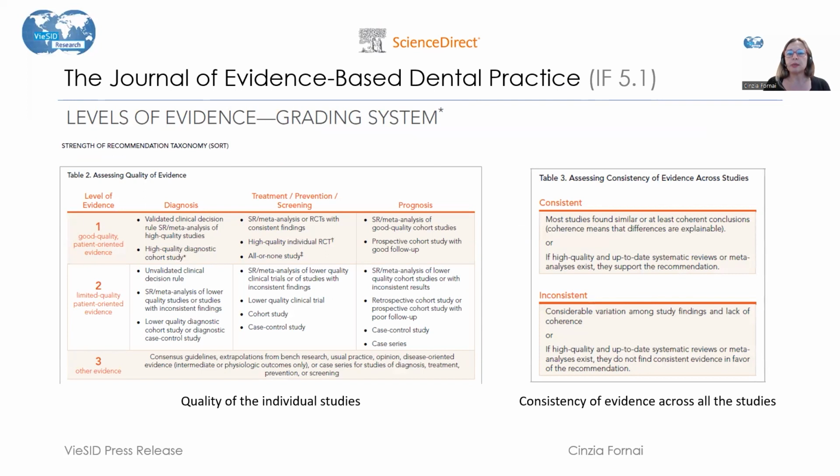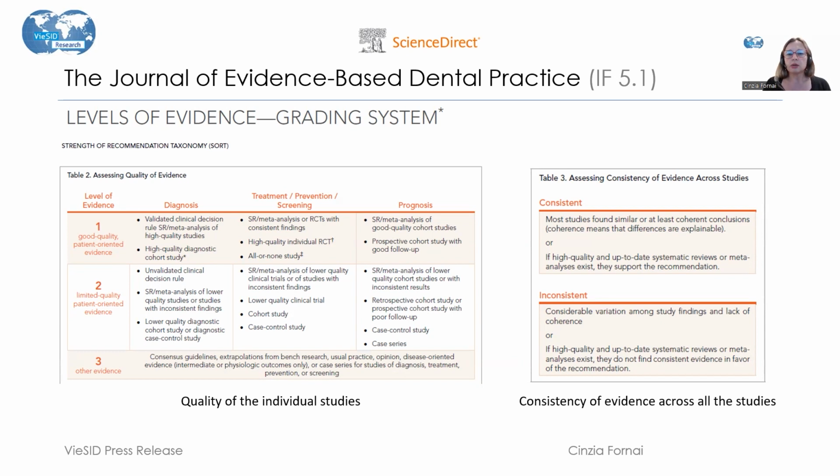The Journal of Evidence-Based Dental Practice introduced a grading system for the evaluation of publications testing the quality of diagnostic and therapeutic procedures with respect to an average patient. This procedure is called Strength of Recommendation Taxonomy, or SORT, and is usually used for the evaluation of evidence about a single procedure or a new product.